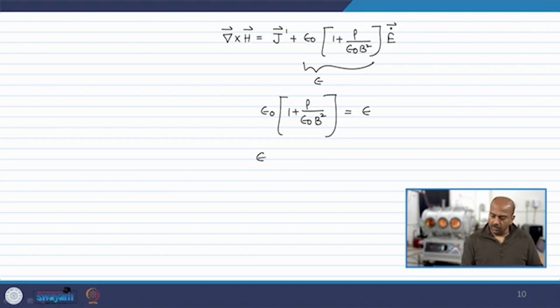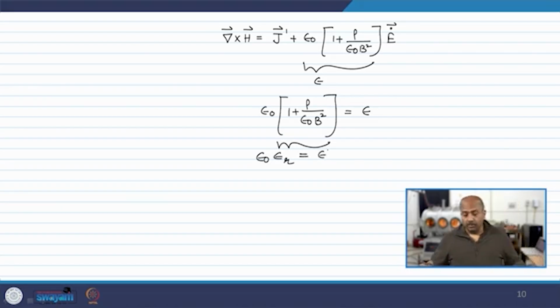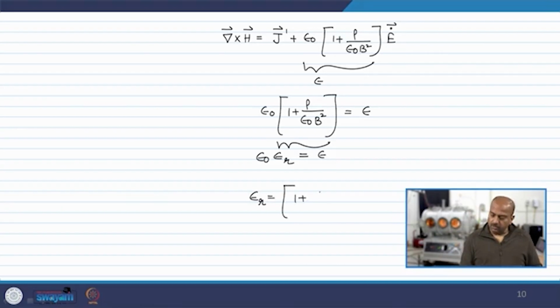What does it mean? It means epsilon naught times all of this must be equal to epsilon r, right. So, we define the relative permittivity as the ratio of epsilon by epsilon naught, with respect to the permittivity of free space. So, if that has to be followed, then we will write the relative permittivity as 1 plus rho by epsilon naught B square.